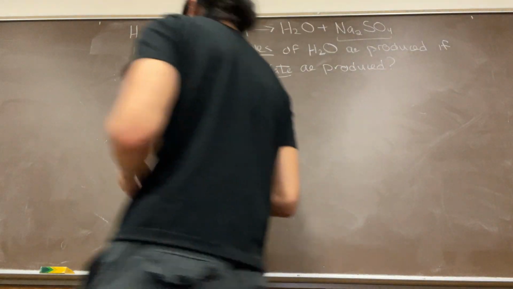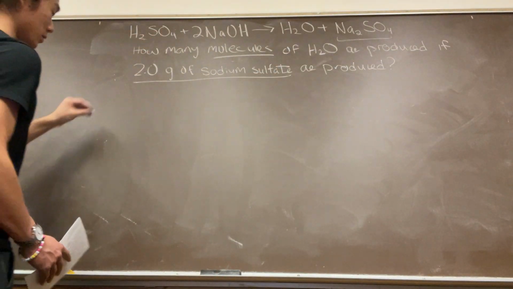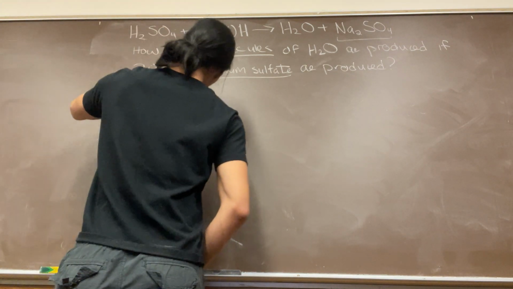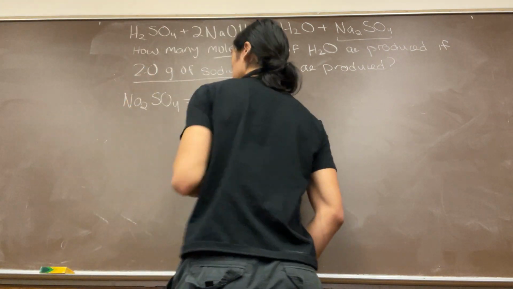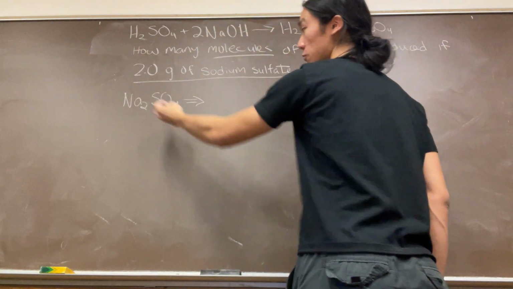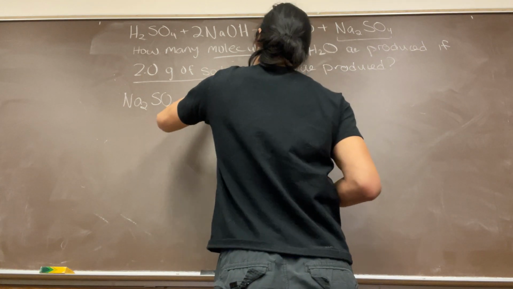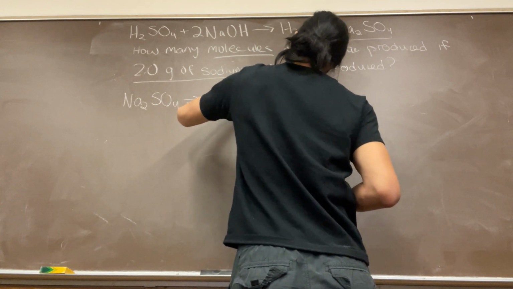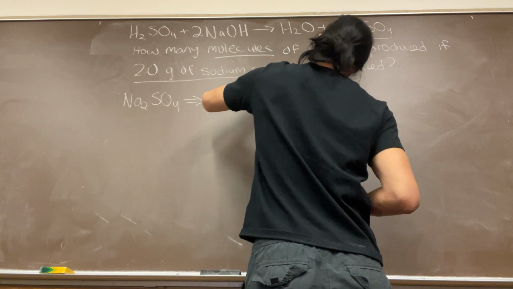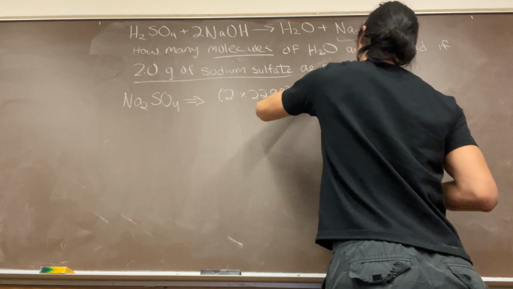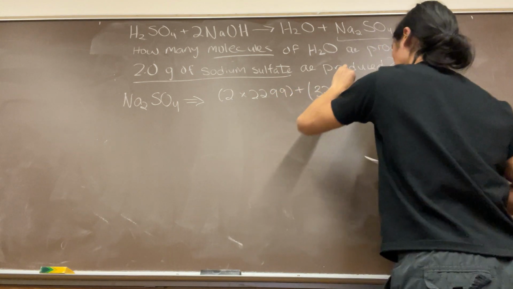So sodium sulfate is Na2SO4, right? So we need to find the molecular weight first. We have 2 sodiums, and Na's weight is 22.99. And then we need to add S, sulfur. S is 32.06. This is on your periodic table.